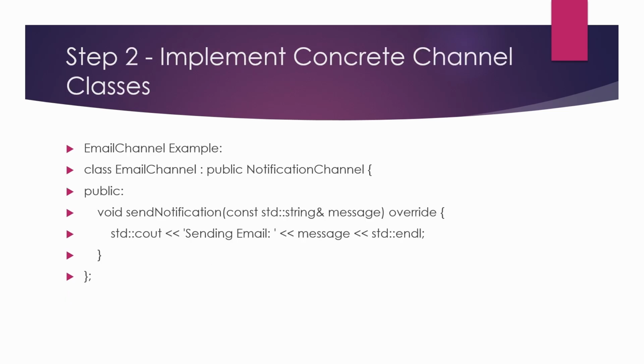In step 2, we implement the concrete channel classes. For instance, the email channel class will implement the send notification method to send an email, and similarly the SMS channel class will handle sending text messages. Each class will have its own implementation of the send notification method.